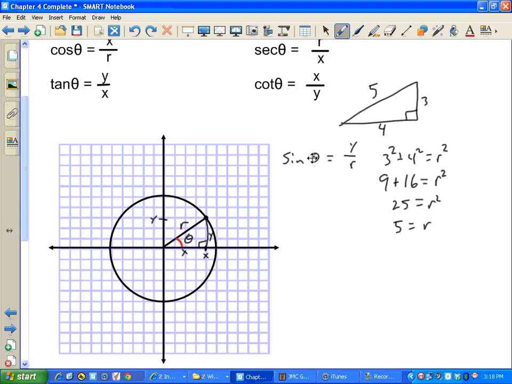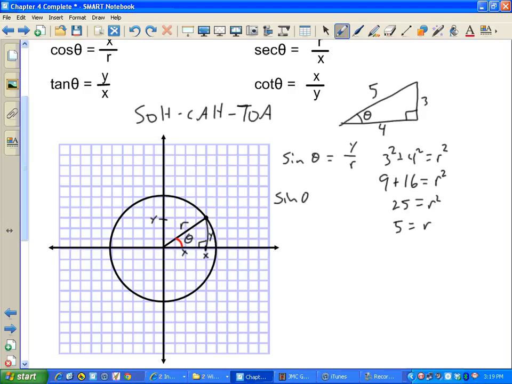So now if I want to know the sine of this angle, because this is my angle, I can kind of go back to using SOHCAHTOA. The sine of this angle is going to be opposite over hypotenuse, opposite, which is 3.